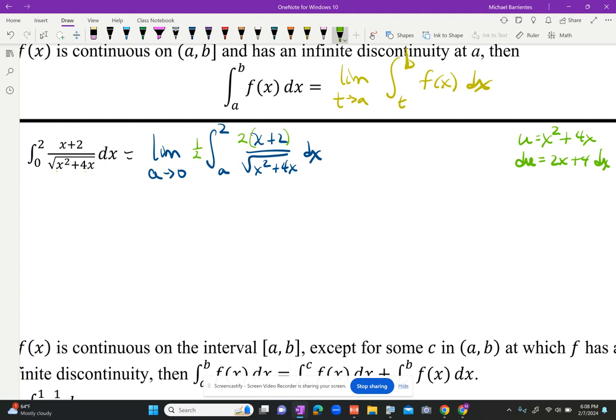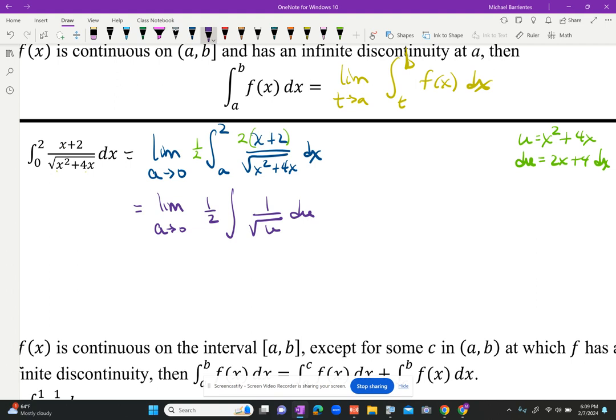Okay. If that's the case, then I can rewrite this, and I'm going to switch colors in doing so. So now we're taking the limit as a approaches 0 of 1/2 times the integral where this whole thing is replaced by du, and the square root is still in the denominator, and this is replaced by u.